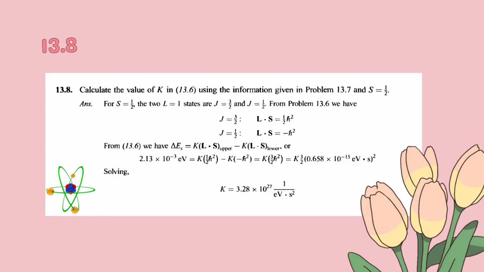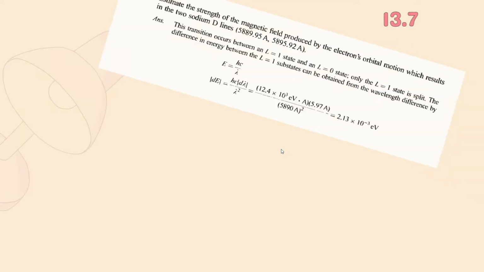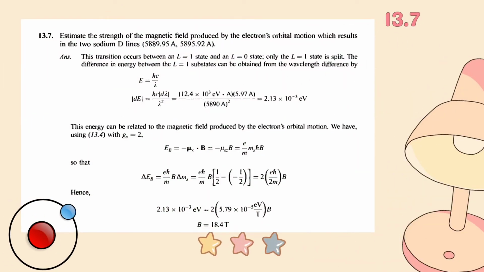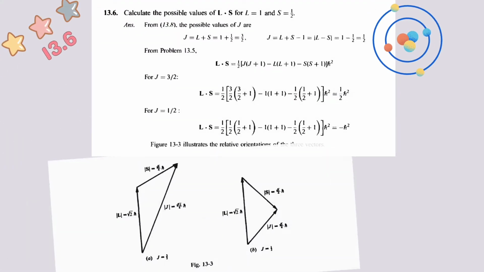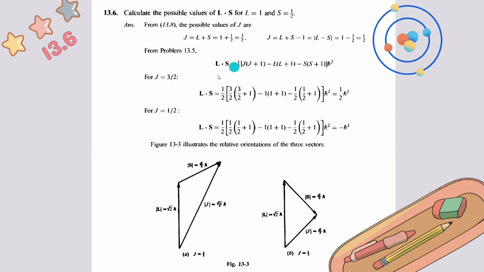We just use this formula: L dot S is equal to half h squared, and when J is half, L dot S is negative h squared from this equation.